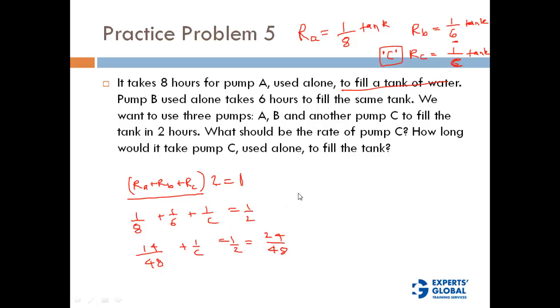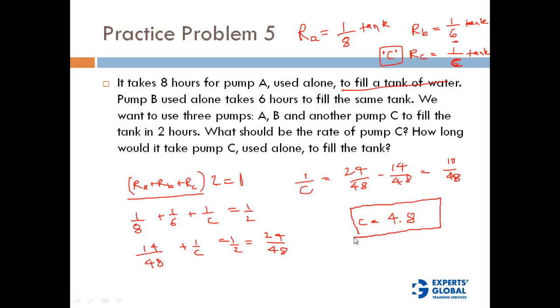So let's get 1/C on one side. 1/C is equal to 24/48 minus 14/48. So it is 10/48. So C becomes reciprocal of that, 48/10, 4.8.